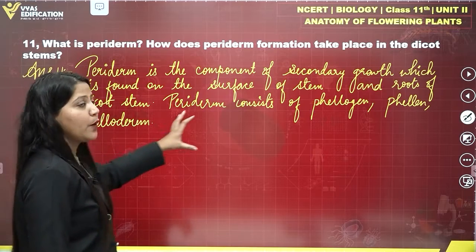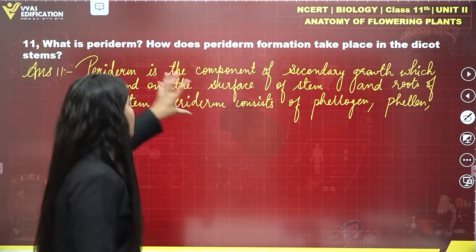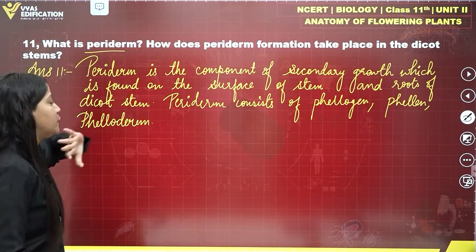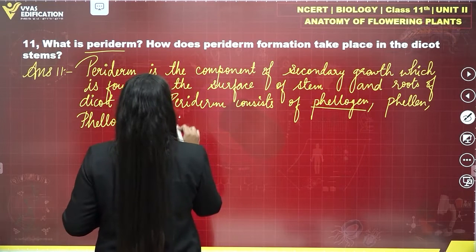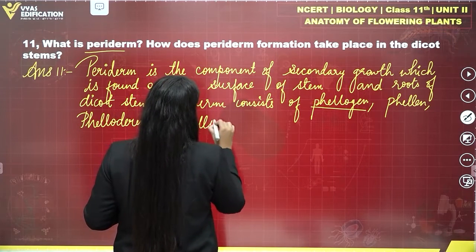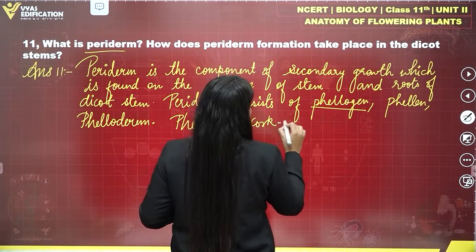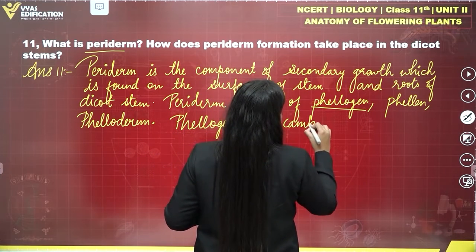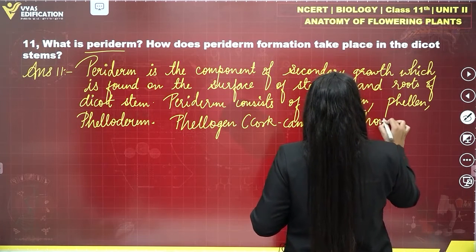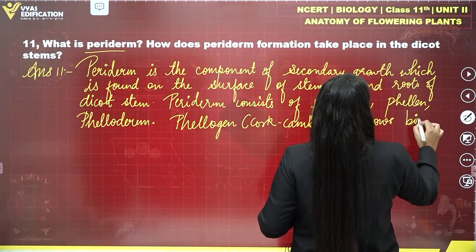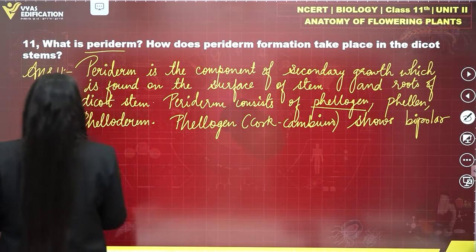Now we are going to talk about how the formation of this periderm takes place. So what happens? This phellogen, which is also known as cork cambium, shows bipolar division.